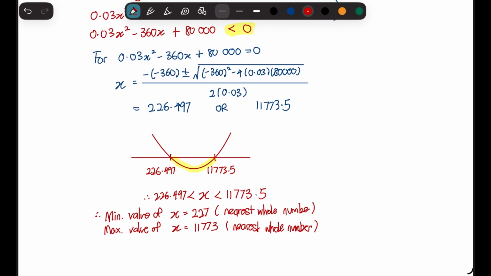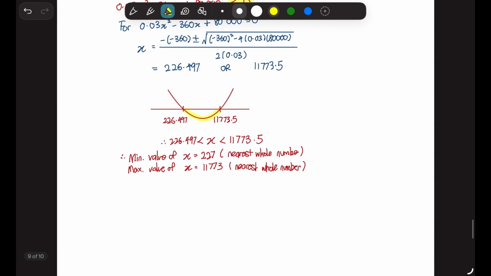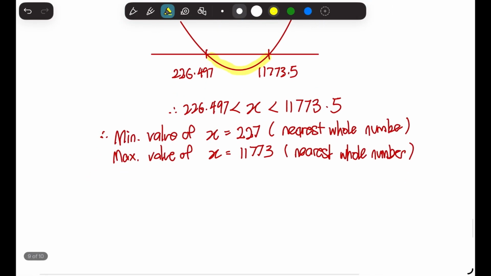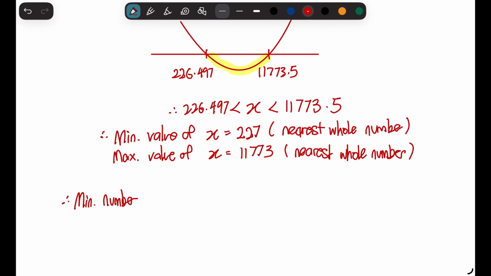Since the question says x is in hundreds, the minimum number of laptops based on my x value here, to answer the question, is equal to 22700.